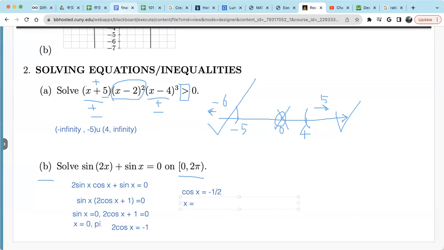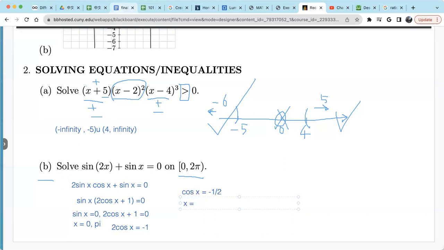Cosine is positive in the first and fourth quadrants, but in the second and third quadrants, cosine is negative. And remember, which angle has cosine equal to half? Cosine 60 degrees, which is cosine pi over 3.